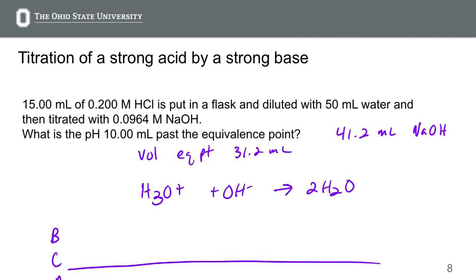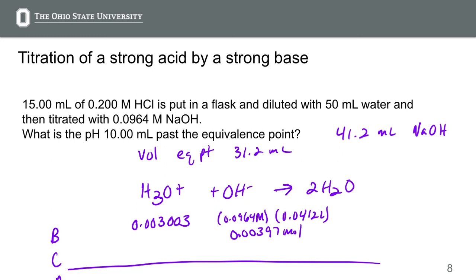So moles of H3O+ is 0.003003. Moles of hydroxide now is 0.0964 moles per liter times 0.0412 liters, and that is equivalent to 0.00397 moles.